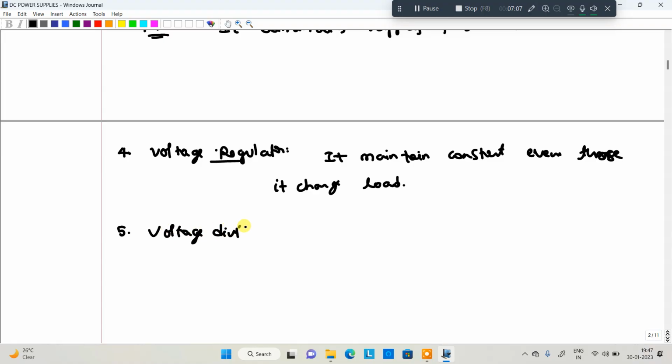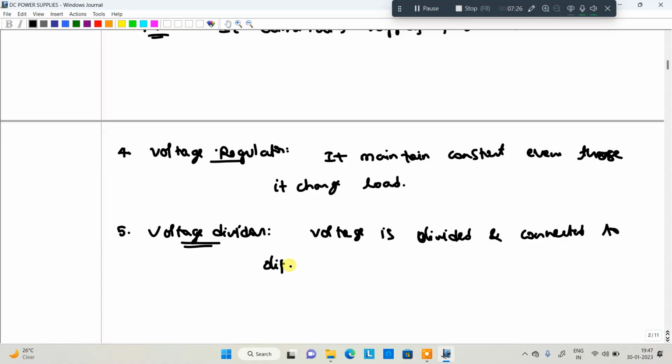So what exactly is the voltage divider doing? The voltage is divided and connected to different loads with the help of a single source.